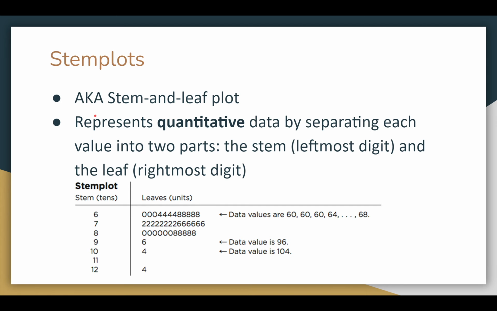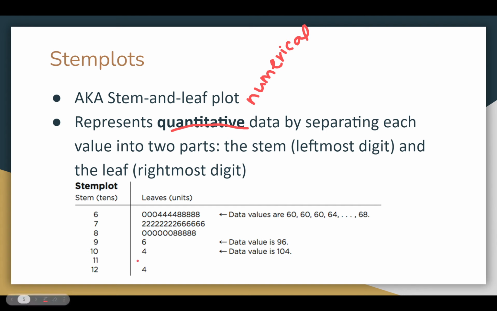Alright, so then we have stem plots, also known as a stem and leaf plot. It represents quantitative, so again, numerical data by separating each value into 2 parts. The stem is the leftmost digit, and the leaf is the rightmost digit. Similar to the dot plot, we can write out our numbers: 60, 60, 60, 64, 64, 64, 64, 68, 68, 68, 68, 68.